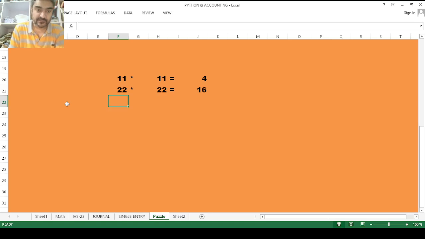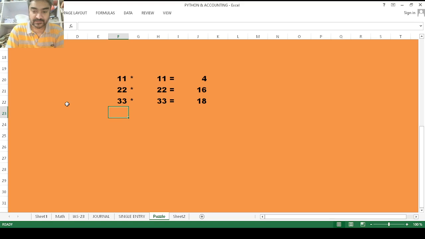So right away we can see that there is a pattern that we have to identify. Now the third one was 33 multiplied by 33 equal to 18. That's also not true if we talk about the real math.